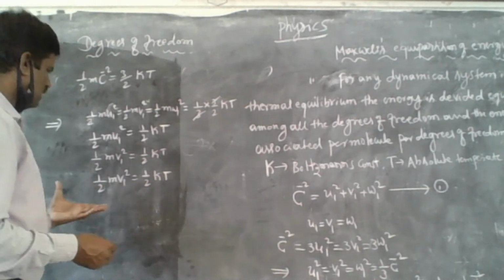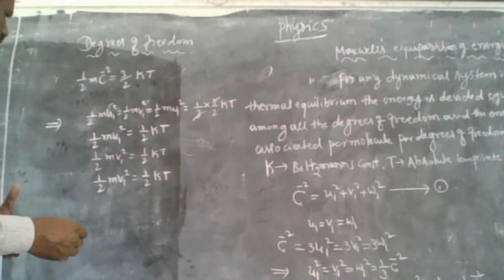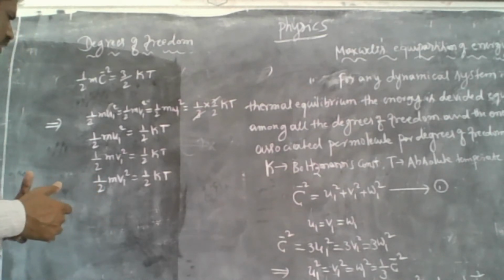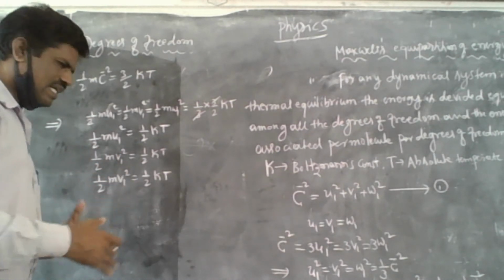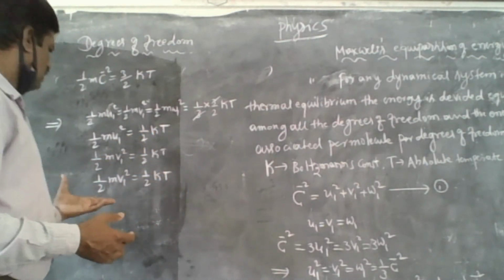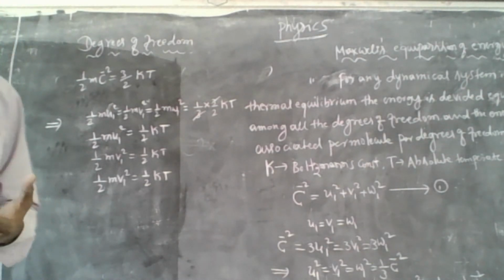So the energy is divided equally among all the degrees of freedom, whether it is translatory motion or rotatory motion, half kT each, isn't it?